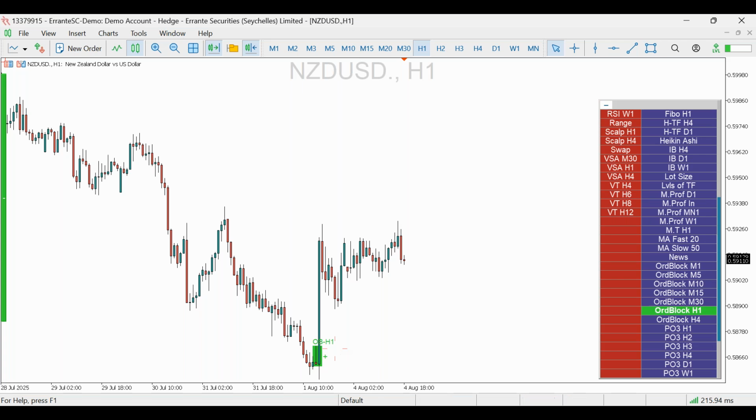Now in this chart I'll explain two examples. The first one is this bullish one, and the second one is this one. See, the market was up, as I've explained, and it has grabbed the liquidity from the previous highs. Up market.